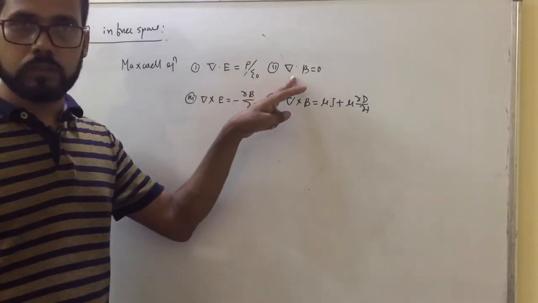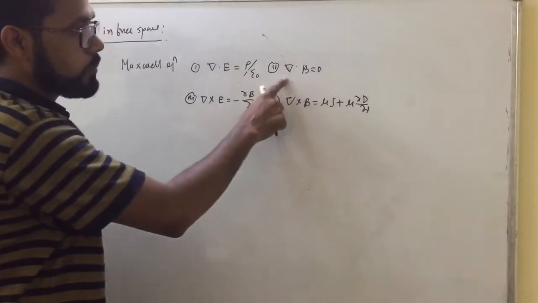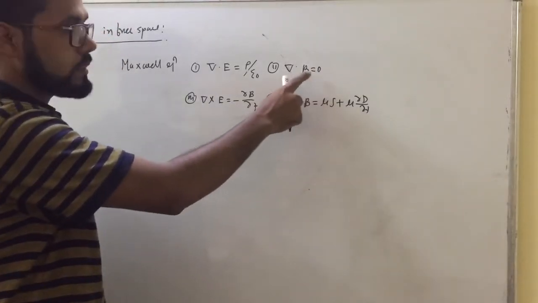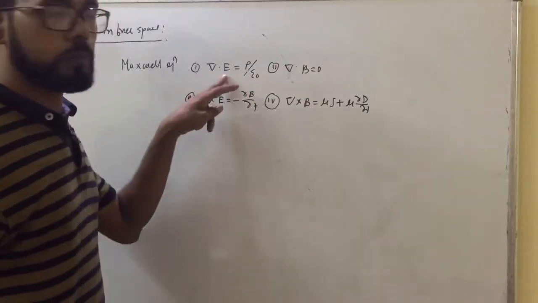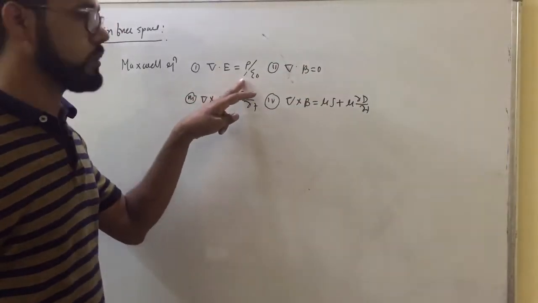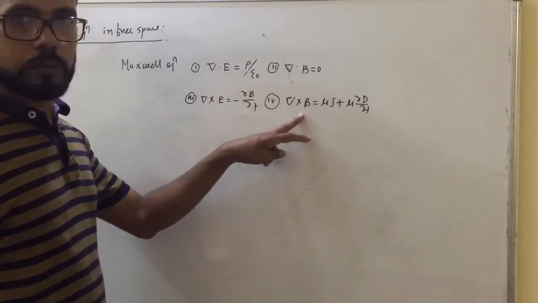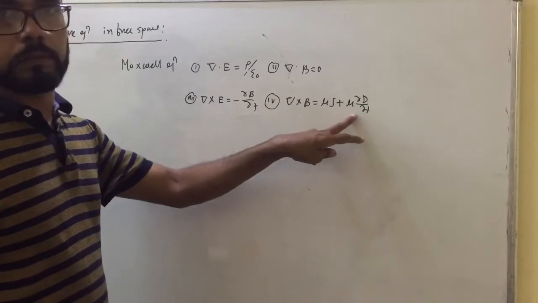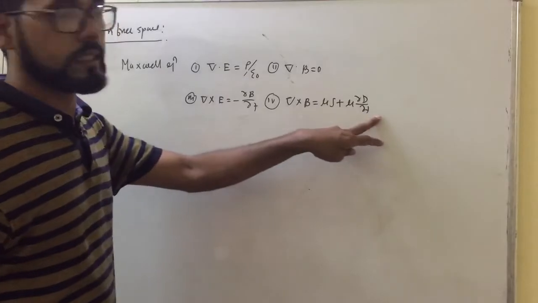It is a first order differential equation and homogeneous, there is no source term. The meaning of this equation is that a magnetic monopole does not exist, but an electric monopole exists because the right hand side is non-zero. The third equation is derived from Faraday's law, and the fourth is Ampere's modified law, and this term is the displacement term, known as the displacement current density.